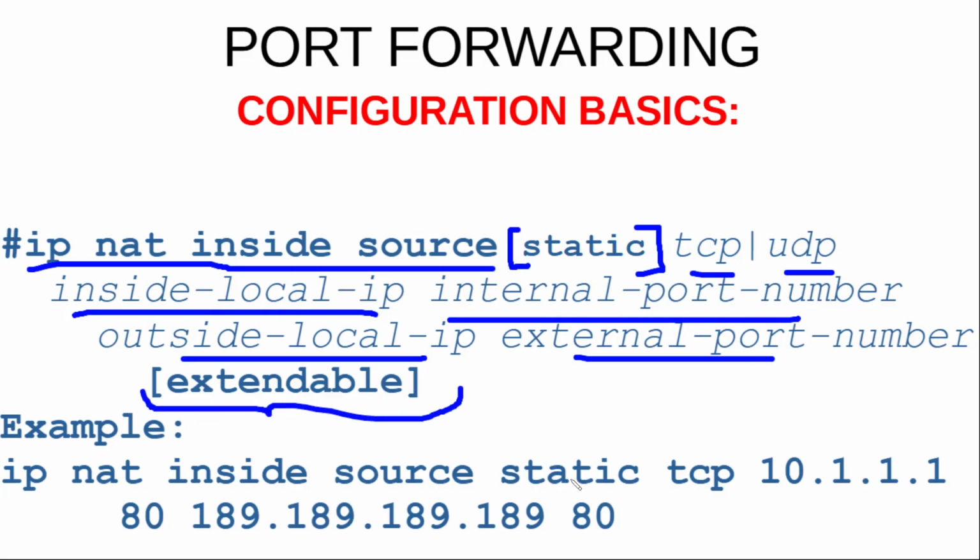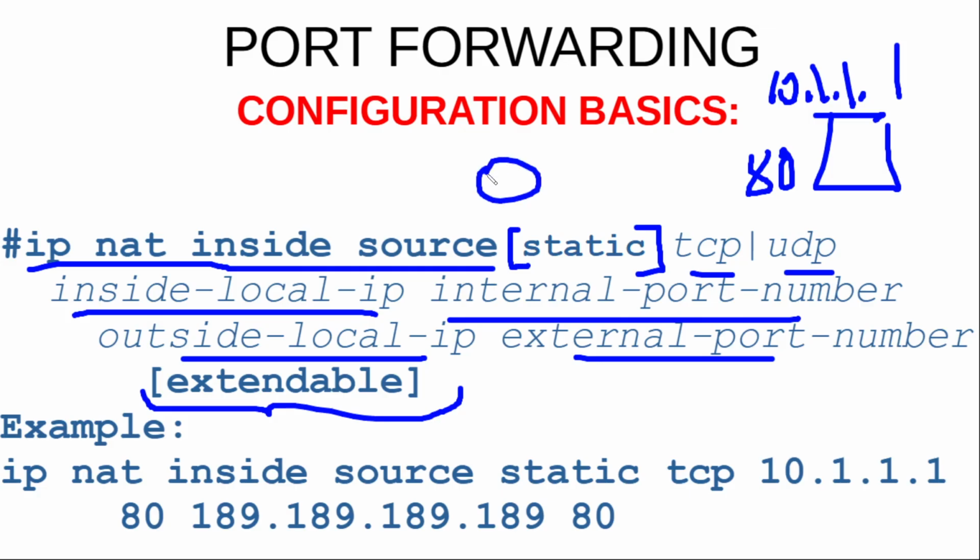So for instance, if you have one server that internally has the IP address 10.1.1.1 and it is providing services on port 80, then you can configure this.